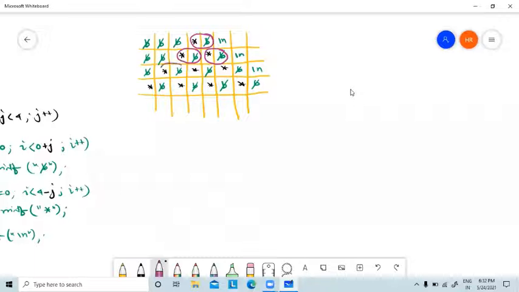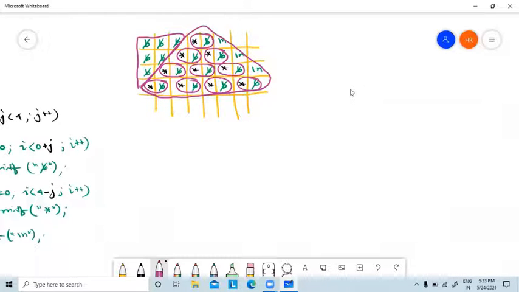Whenever you are printing a star, you are printing a star and a blank combination. So there are two different patterns. One is for blank spaces, another is for star along with blank space, and then obviously a new line.